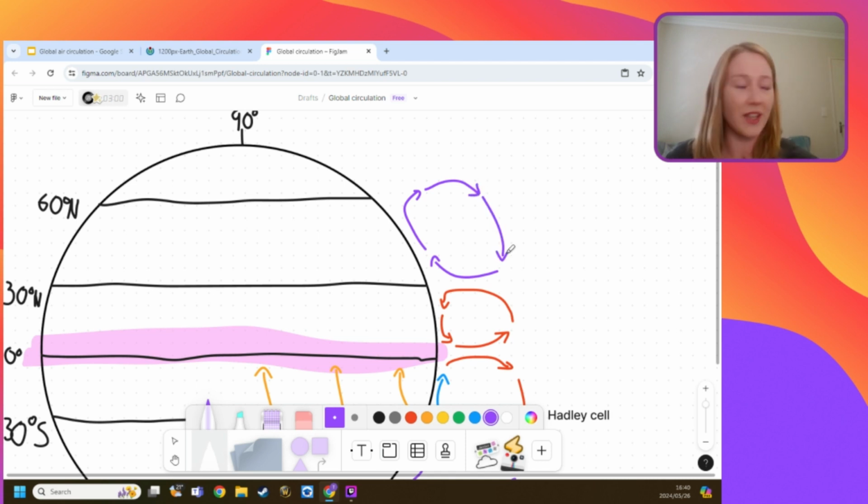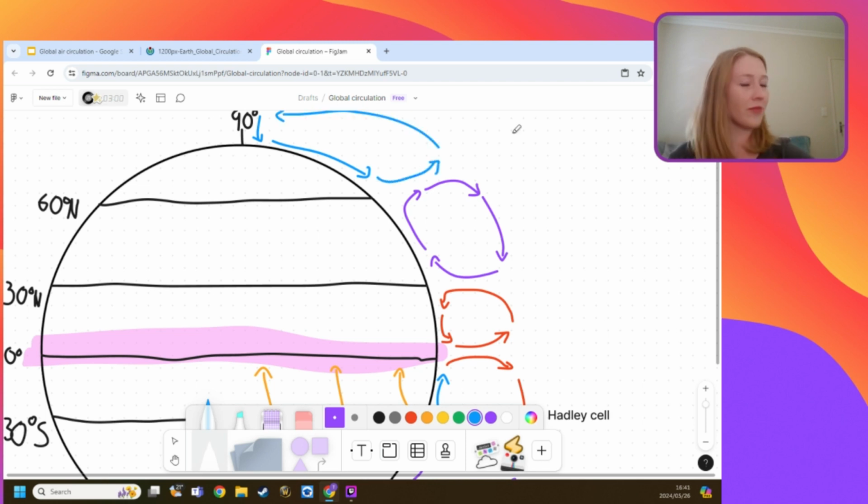We're going to need all of these cells in a moment. I'm going to explain where the global pressure belts are, and then that's when these tricellular cells will make sense. And last but not least, our polar cell rises up when it meets the Ferrel cell. Okay, I think that's not too bad. It's a good basic.